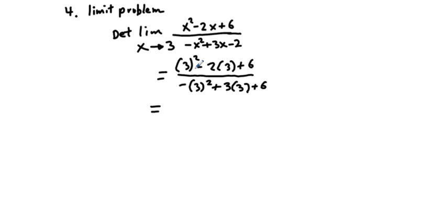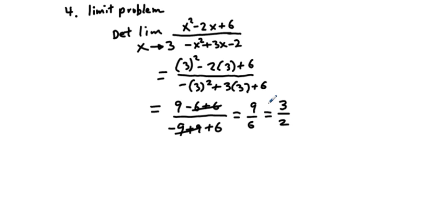Simplifying, we have 9 minus 6 plus 6 over negative 9 plus 9 plus 6. The negative 6 plus 6 cancels, negative 9 plus 9 cancels, so we have 9 over 6, which simplifies to 3/2.